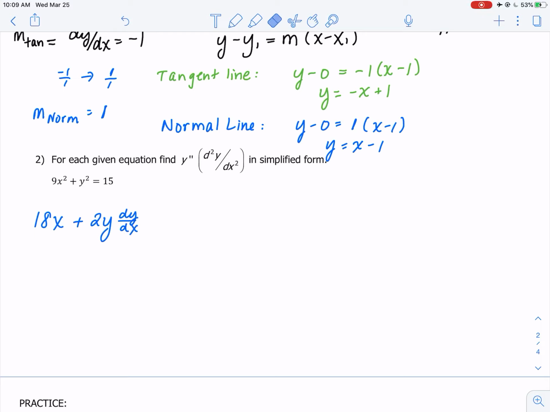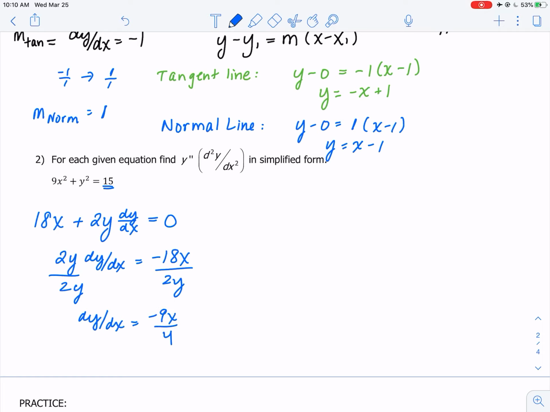Last but not least, the derivative of 15 is a constant, so that will give you 0. So if we clean this up and solve for dy dx, we have that 2y dy dx is equal to negative 18x. You can divide both sides by 2y, and that means that dy dx is equal to negative 9x over y.